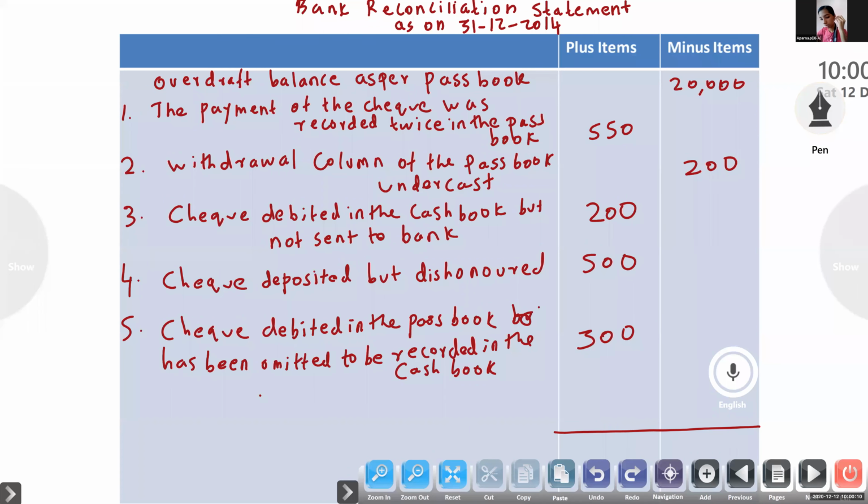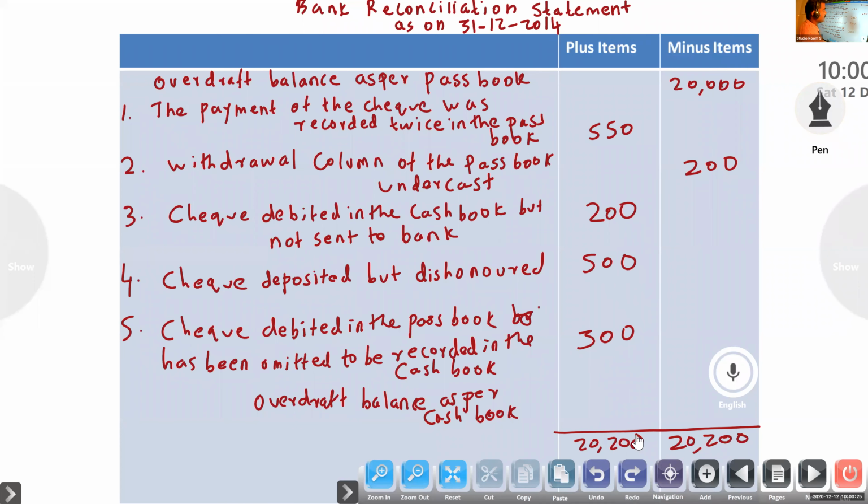Minus is more. Overdraft balance as per cash book. $18,650. $20,350 it is given.